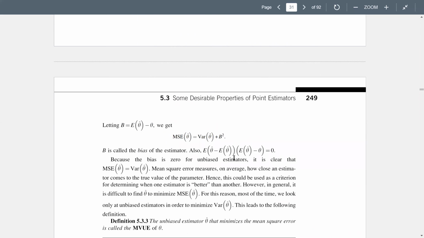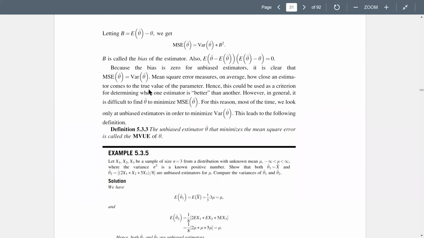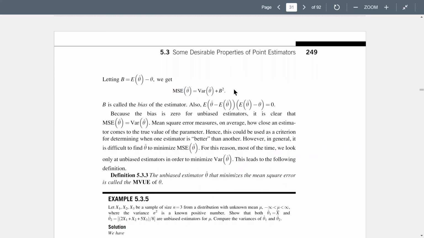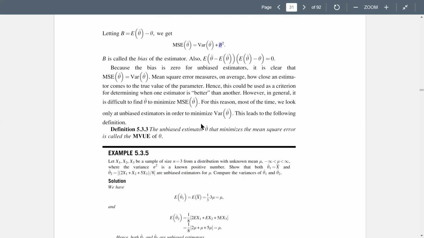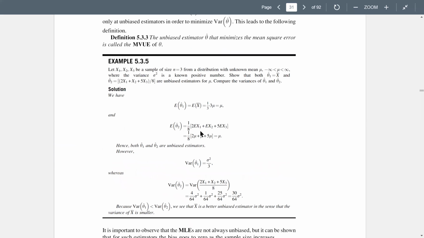But we know that the expected value of that is equal to 0. So when the estimator is unbiased, MSE equals variance, because variance is actually the average sum of squares of errors.